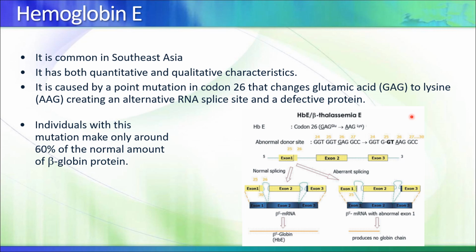Once formed, this protein is also not as stable as the normal protein, and it would tend to be degraded. So individuals not only have a deficient ability of hemoglobin to carry oxygen, they also have a lower amount of the beta globin protein. So this condition has both quantitative and qualitative characteristics.